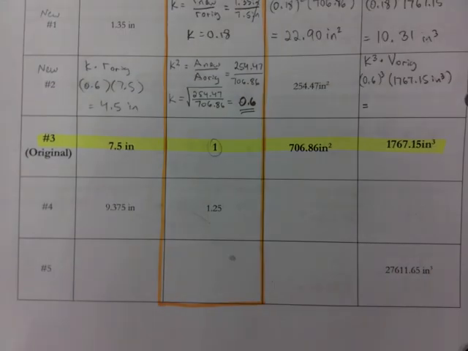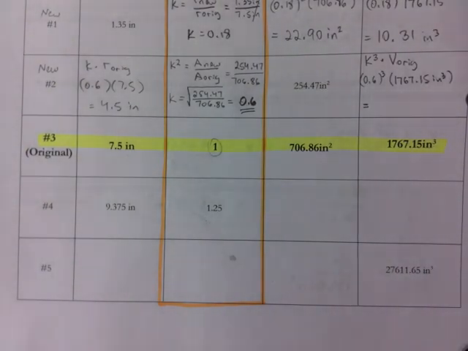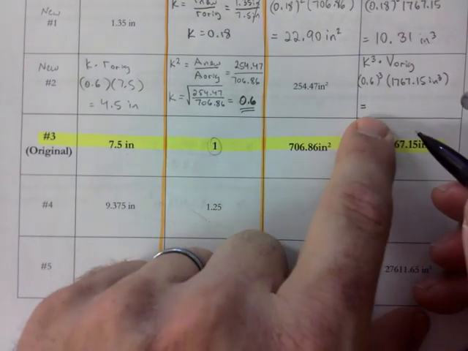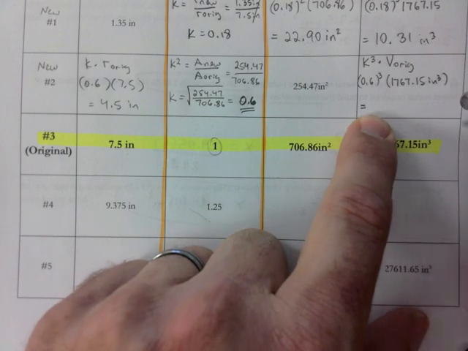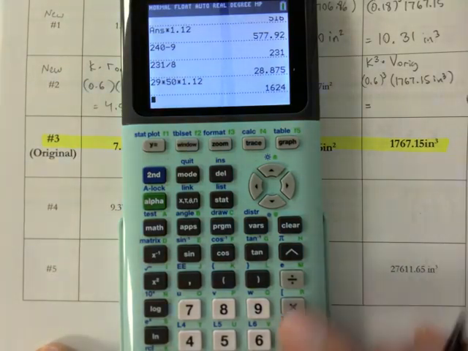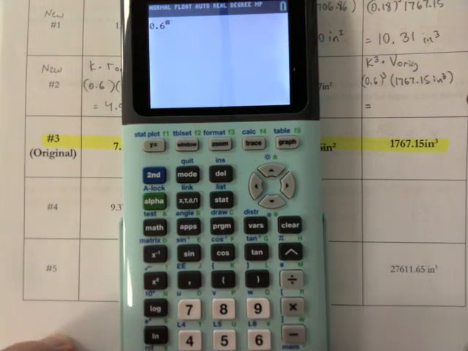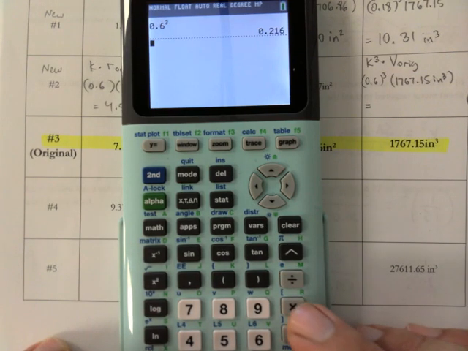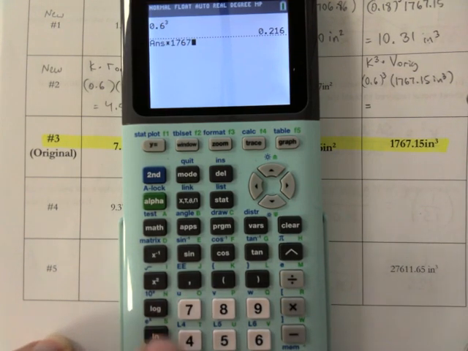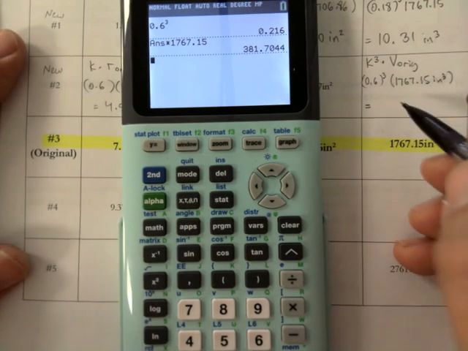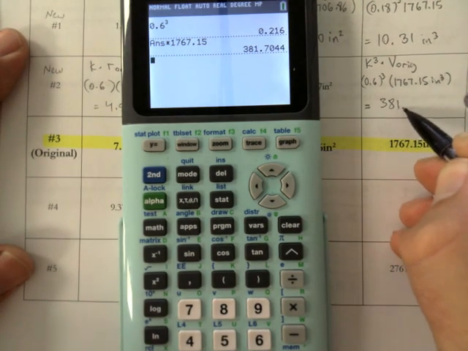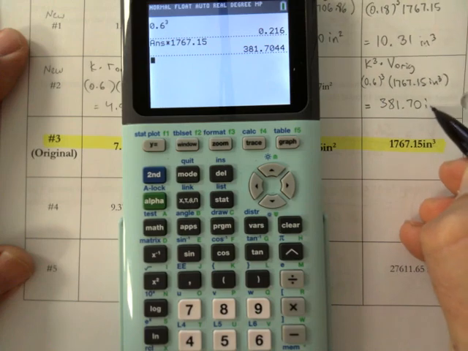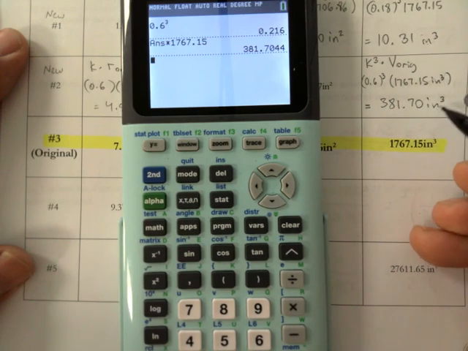Let me just check my key here, probably be faster. I get 381.70. That's what I get. I'm going to double check that. So 0.6 to the power of 3 times 1767.15, and there it is, 381.70 cubic inches.